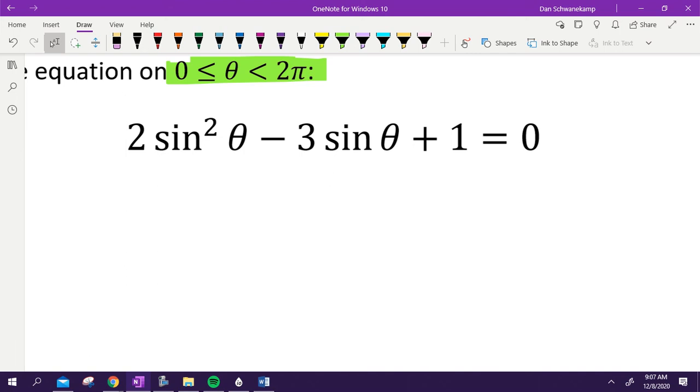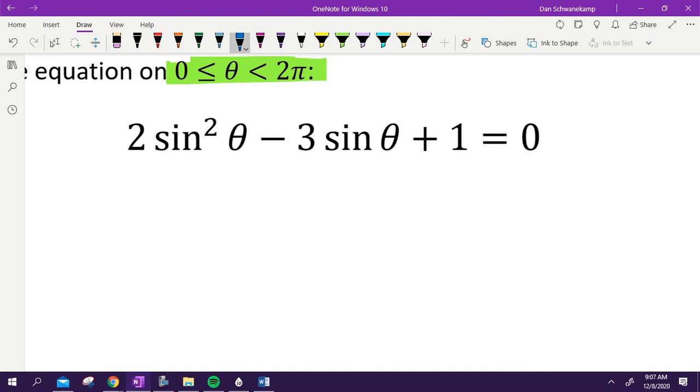What does this problem look like? Good recognition there. This looks like a quadratic. I've got sine squared. I've got sine to the first power, and then I've got a constant. We've done this before, and this is a math trick that's used quite a bit. You could rewrite this so it makes more sense in your brain.